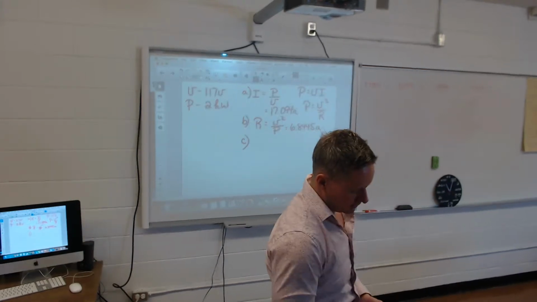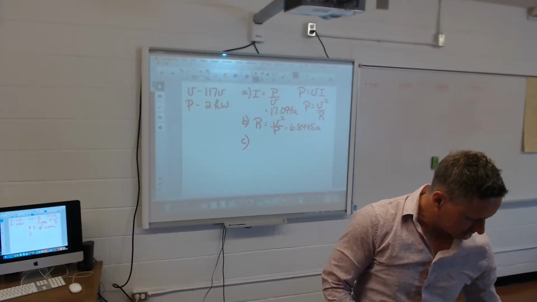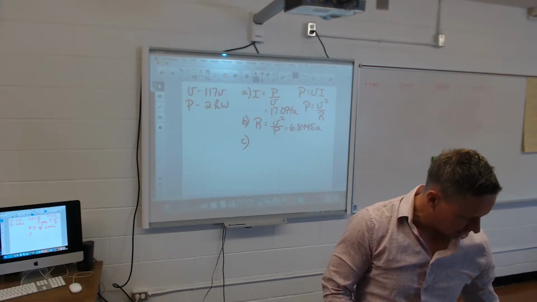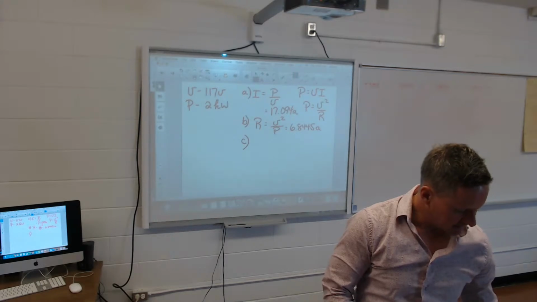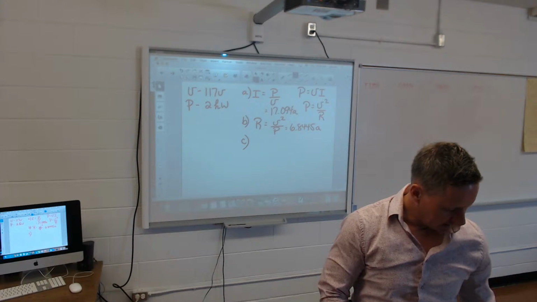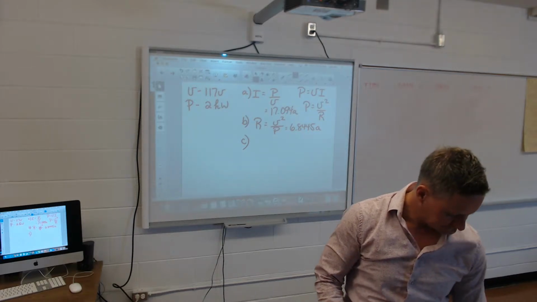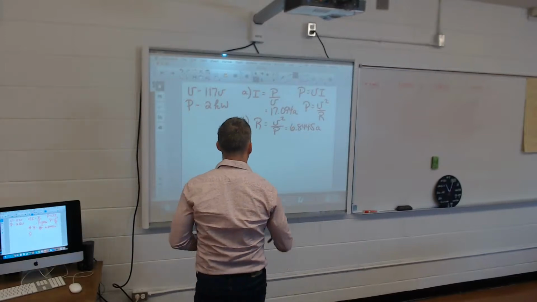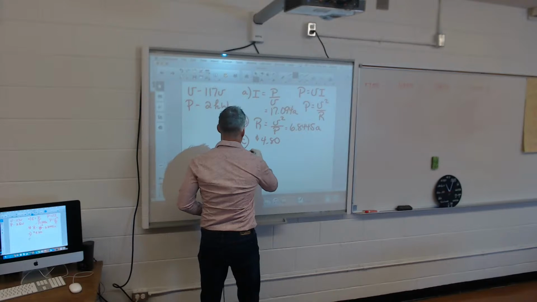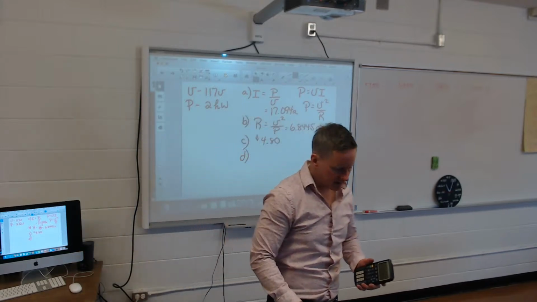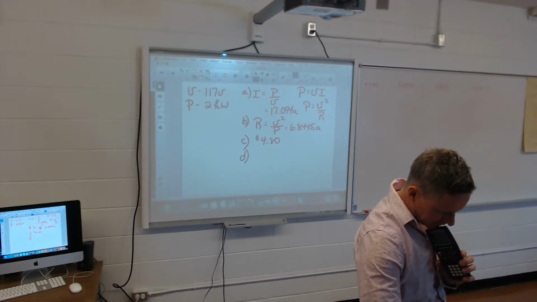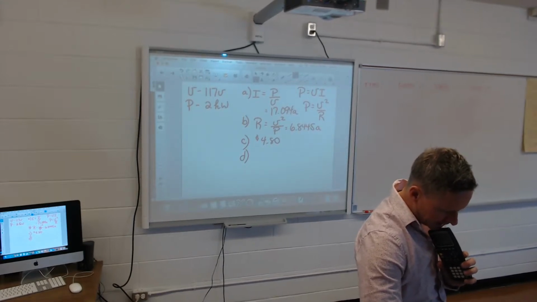So I'm taking my cost of kilowatts per hour: 2 kilowatts times 24 hours times 10 cents, and that equals $4.80. So in C, $4.80.